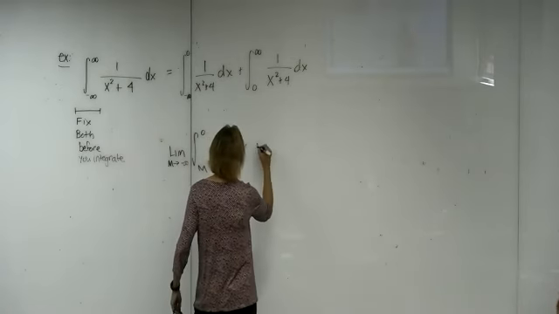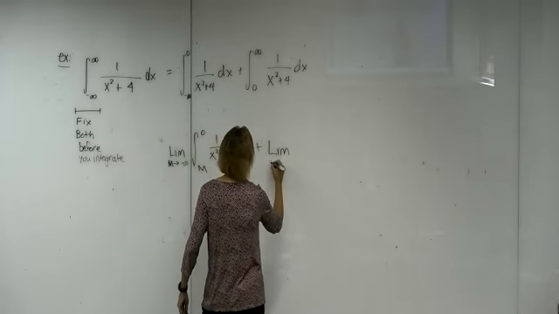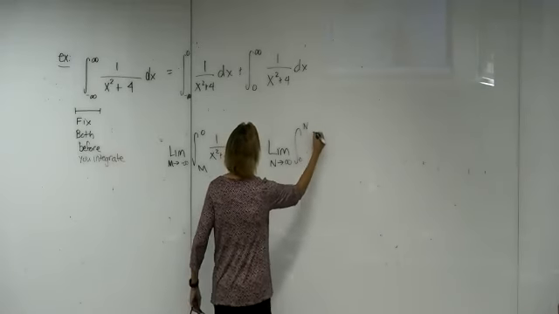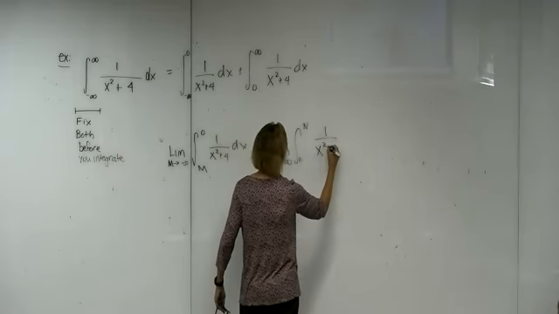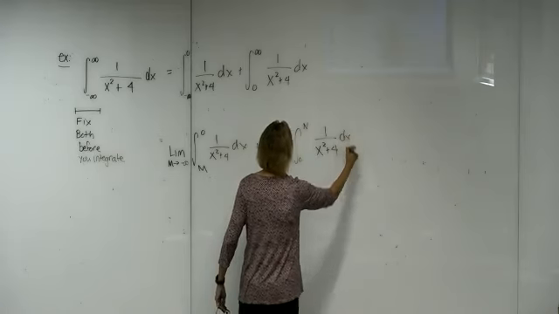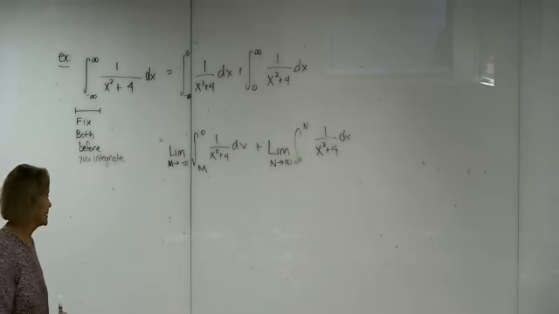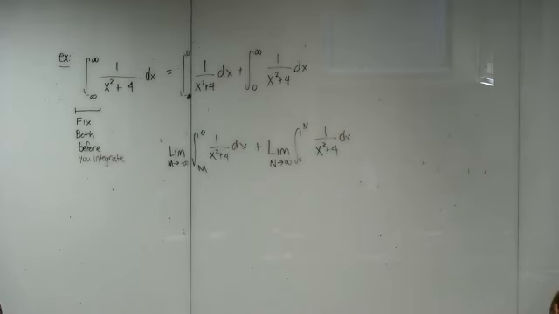And then I'll put an N up there, and I'm gonna let N go to positive infinity. So we're able to fix them with limits so that we can apply the fundamental theorem of calculus. We can evaluate their antiderivatives at M, 0, and N, and then let both M and N go their infinite little ways.